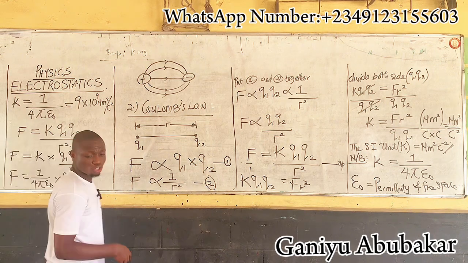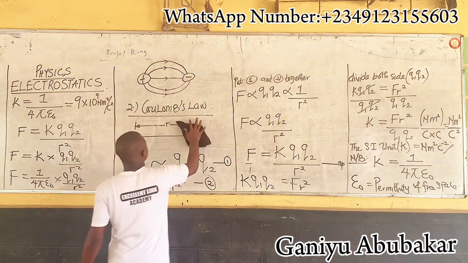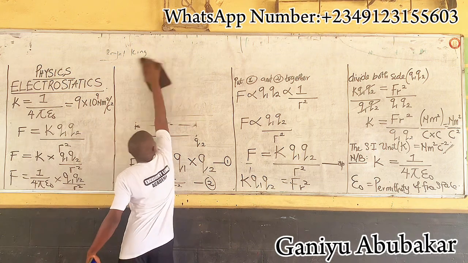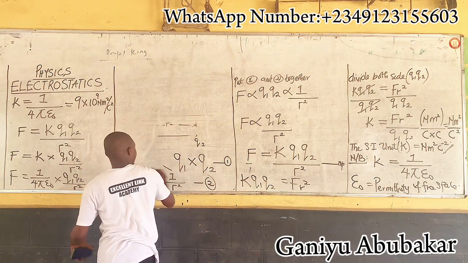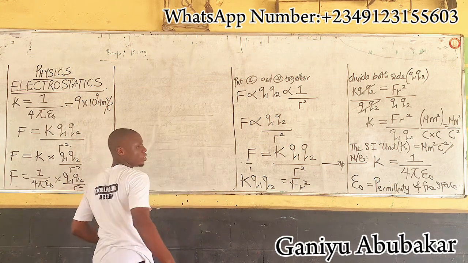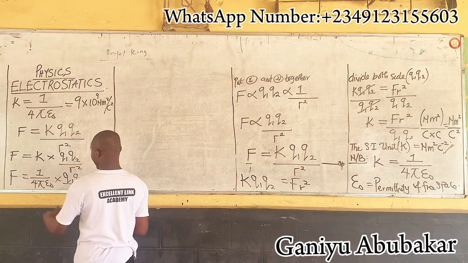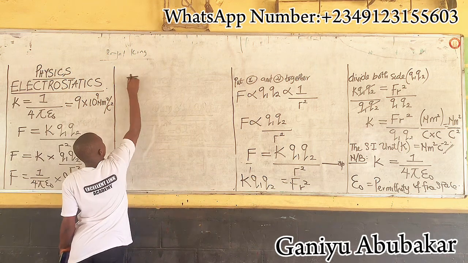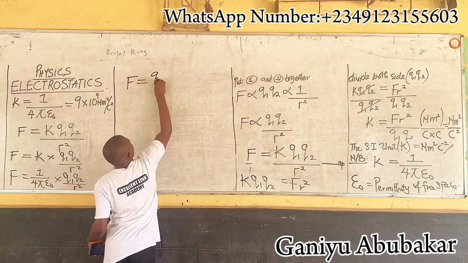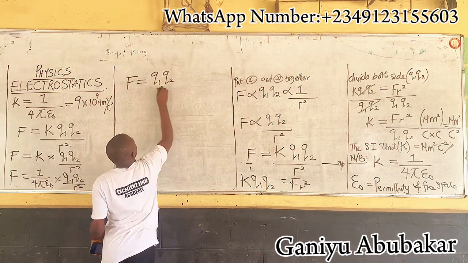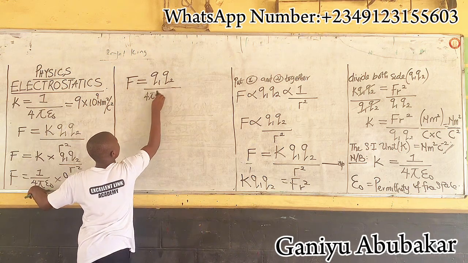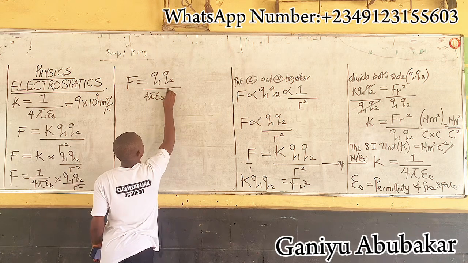If I combine these two together, what do I get? The force of attraction F can be expressed as 1 times Q1 Q2 all over 4 pi E naught R squared.